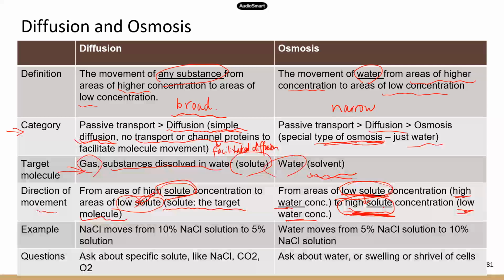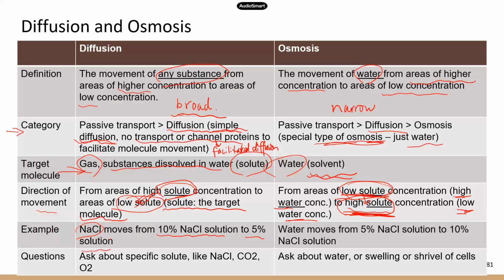Now, I do have a couple examples to help you conceptualize these two processes. For diffusion, if the target molecule is sodium chloride, then sodium chloride would move from higher solute. The solute is just sodium chloride itself. So sodium chloride molecules will move from 10% to 5% solution. So simple diffusion.